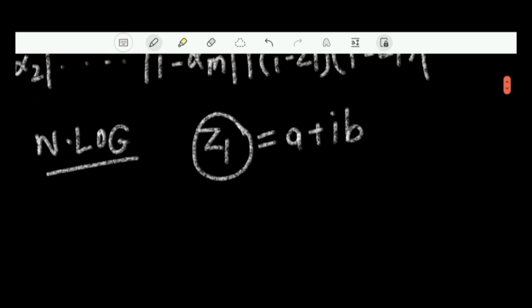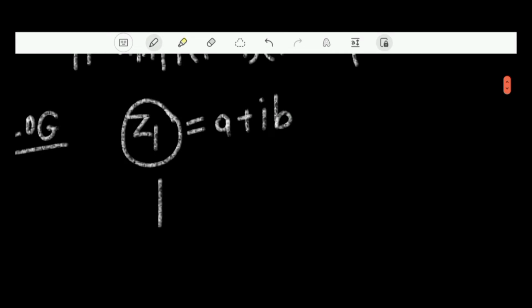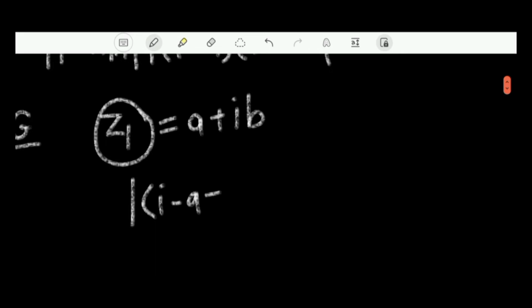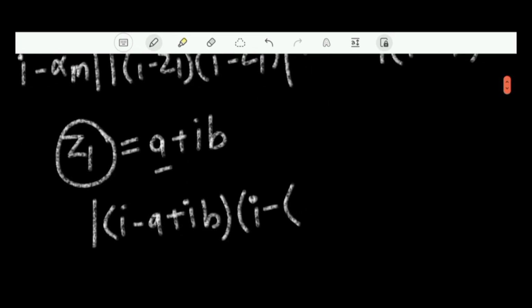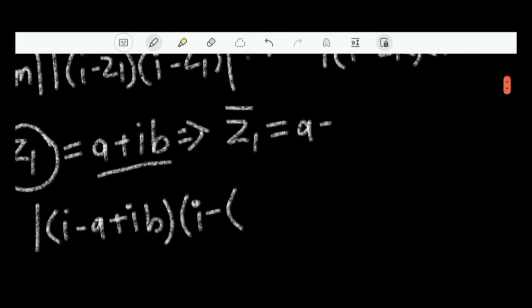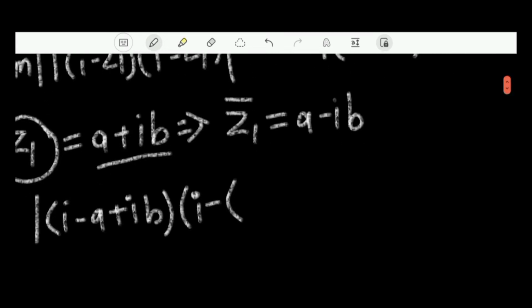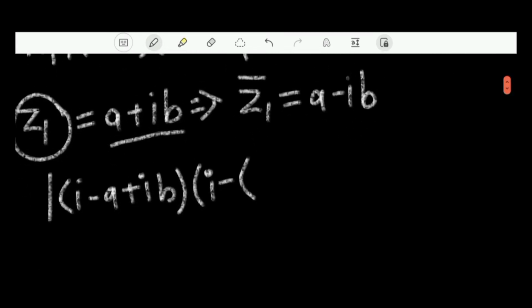So what we can say is that inside a mod, (i − (a + ib)) multiplied by (i − z1 bar), since this is z1, then its conjugate z1 bar would be a − ib. We can replace it by this a − ib.